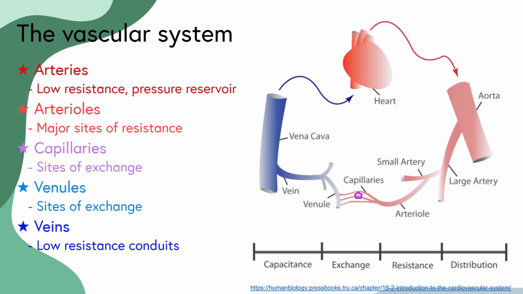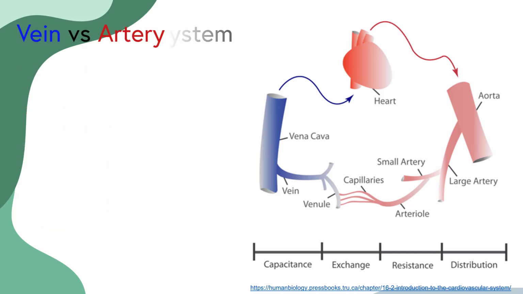The capillary is the site for exchange of nutrients and metabolic wastes. From capillaries, blood empties into the smallest venous vessels, called venules. From venules to smaller veins, which join together into bigger veins, and at last the superior and inferior vena cava bring all the blood back into the right side of the heart.